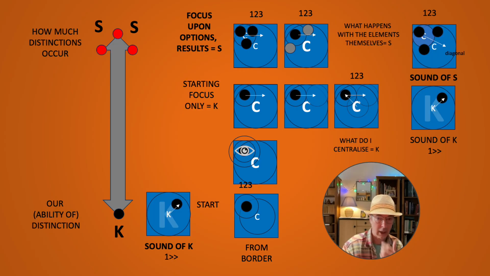And the S sound is like looking at all the elements that are really different, that are already surrounding us, which, when we focus upon what we can distinguish, we don't care about. But if we're really going to see what is all going on, there will from that point on also be a diagonal distinction in a way.